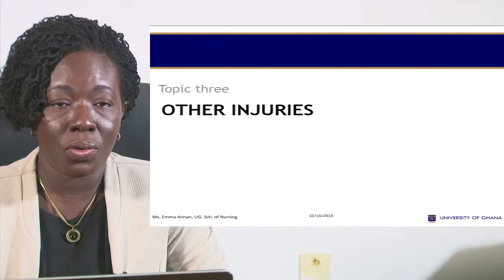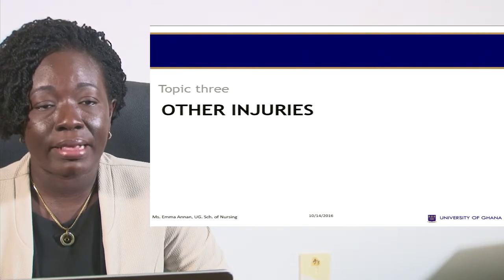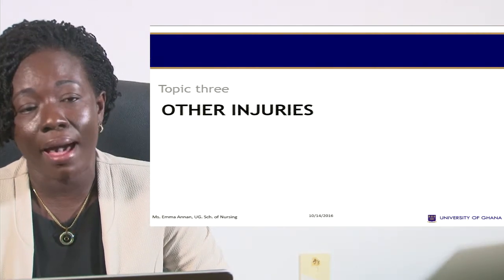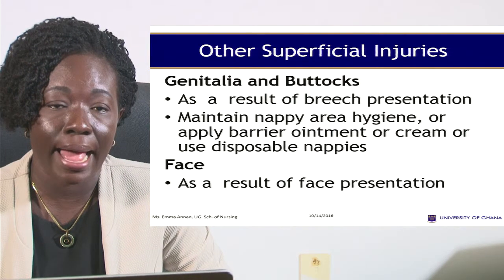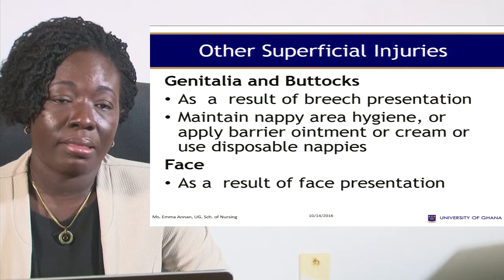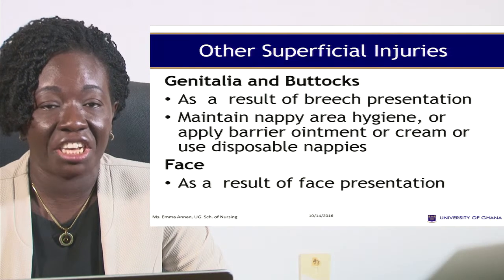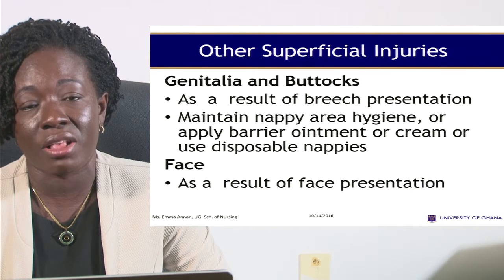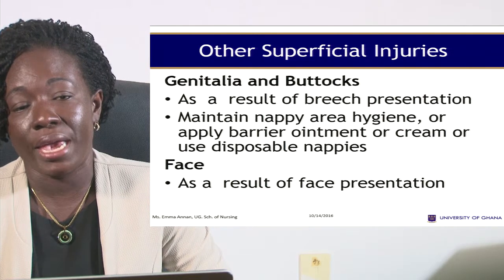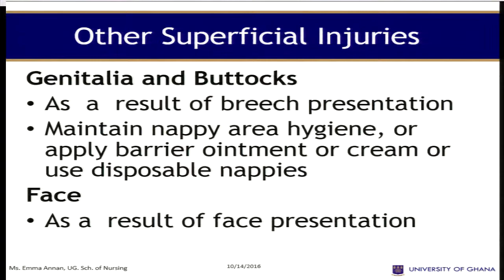Apart from caput and skin injuries, we have other injuries such as injuries to the genitalia and the buttocks. This is as a result of breech presentation. Usually they get these injuries because of the VE that the health professional does.